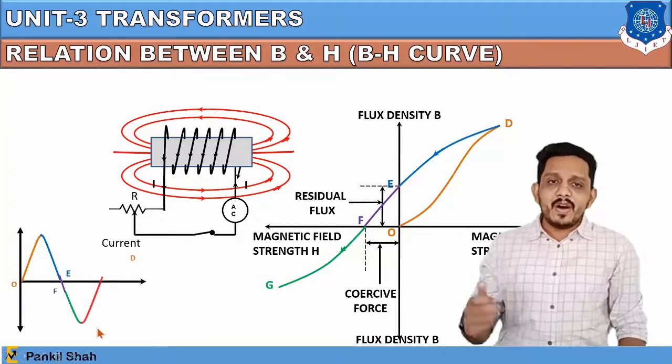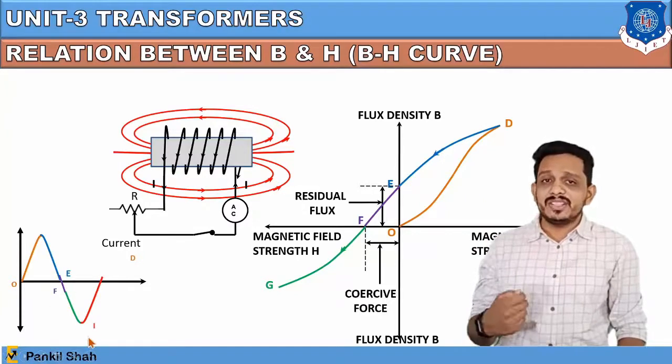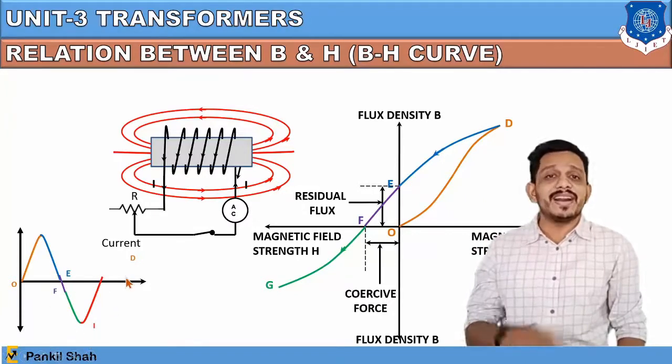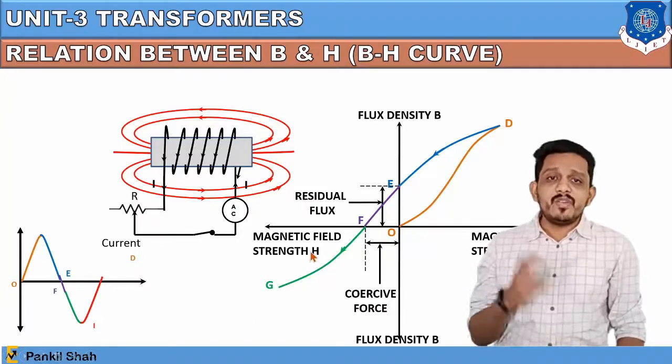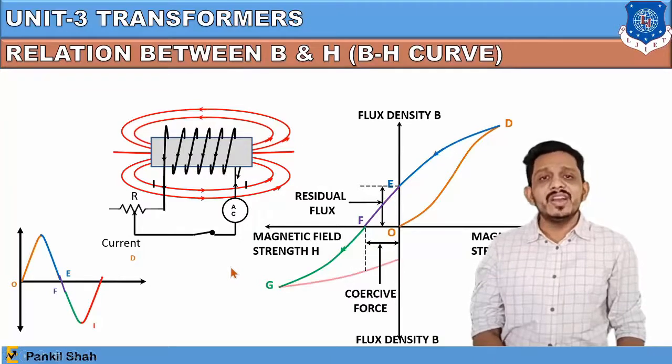So if we now decrease the current, because in any alternating cycle after reaching its maximum value the current will start decreasing, the magnetic flux produced in the reverse direction will start decreasing also.